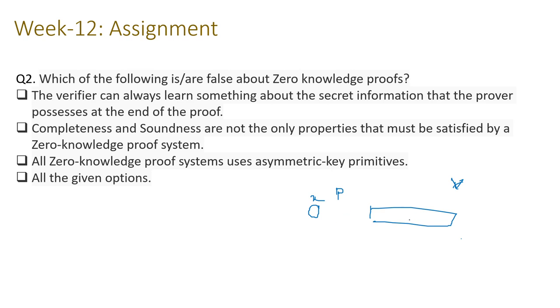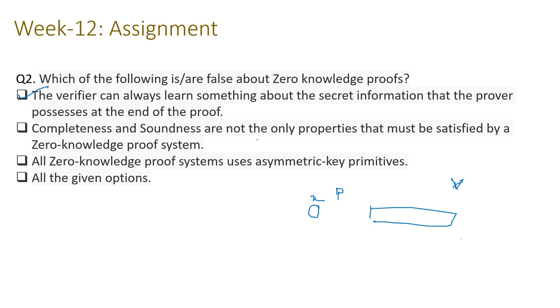That is the purpose of a zero knowledge protocol. So this statement is wrong because the verifier should not learn anything about the secret information. It should have zero knowledge about it. The question asks which are false, so this one is false.